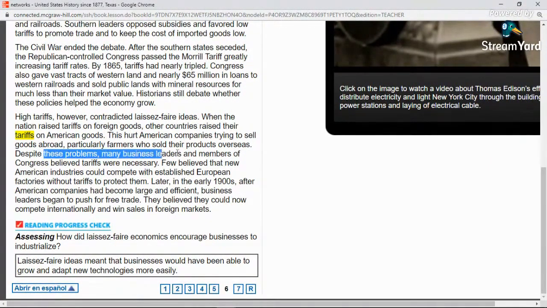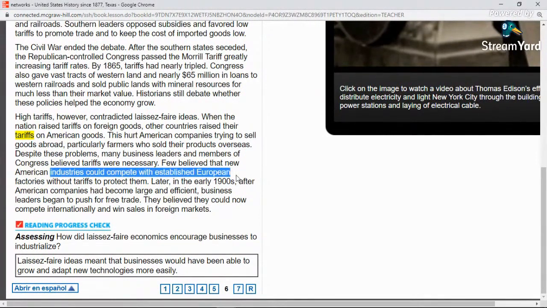Despite these problems, many business leaders and members of Congress believed the tariffs were necessary because they didn't think that American industries could compete with the established European factories. But once American companies became very large and efficient, business leaders began to push for free trade because they said, hey, we want to compete internationally.